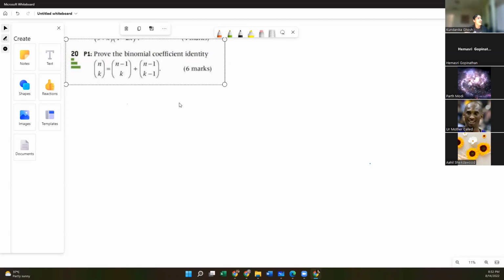Anyways, prove the binomial coefficient identity that n choose k equals n minus 1 choose k plus n minus 1 choose k minus 1. Okay. Sorry, give me one sec. So we have this.